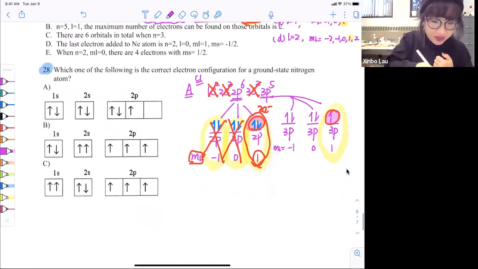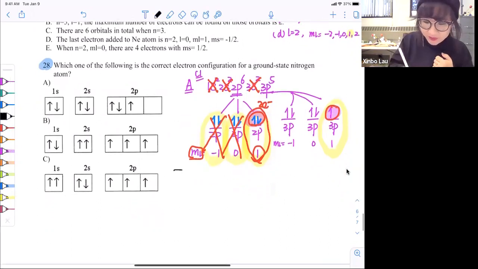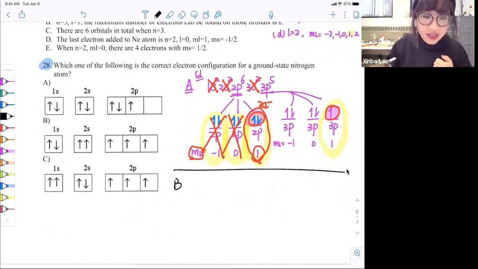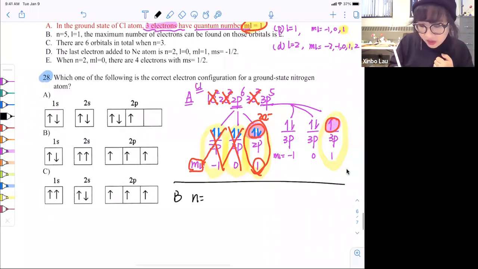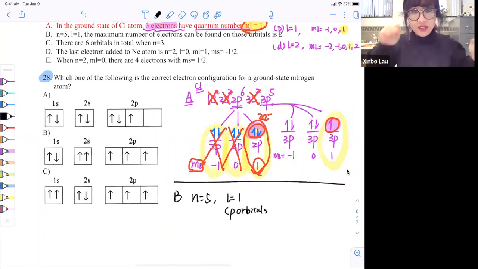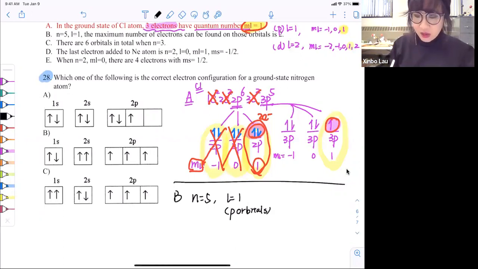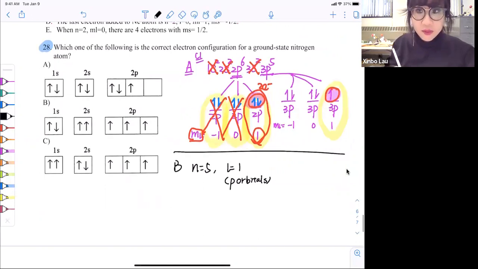Then let's look at choice B. For choice B, it's saying when n equals 5, L equals 1, the maximum number of electrons that can be found on those orbitals is 2. Then you have to understand n equals 5, L equals 1 is matching with p orbitals. We don't have other requirements. In general, when we talk about p orbitals, how many p orbitals we have is determined by the m sub L value.